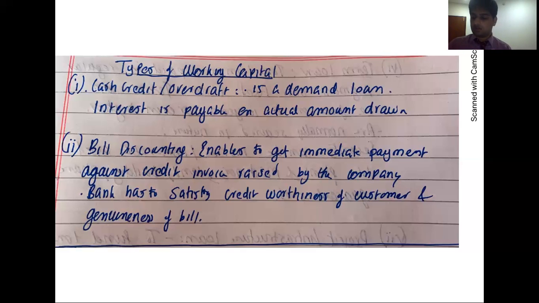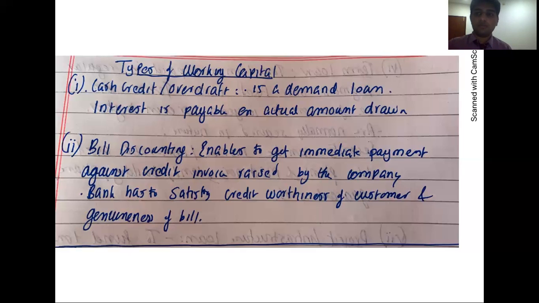When a bill is discounted, the bank will reduce a discounting charge. This discounting charge is nothing but the interest during this period of realization. So the bank technically gives us a loan based upon the bill, and the bank will realize this amount from the customer.